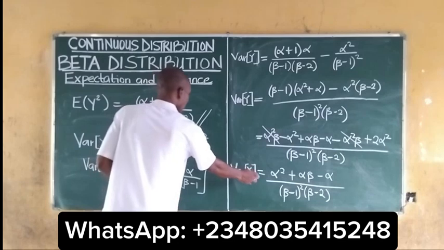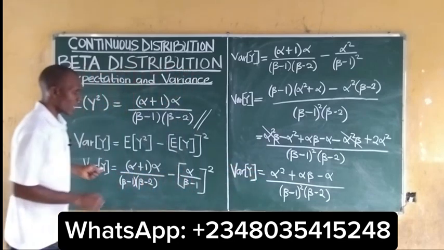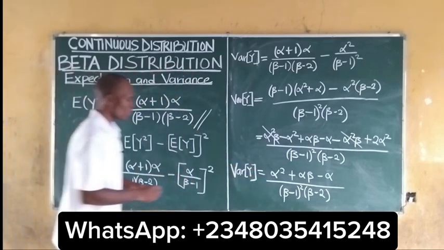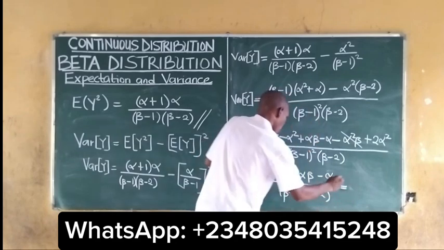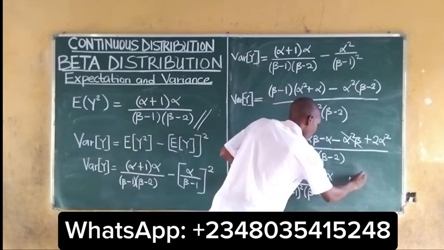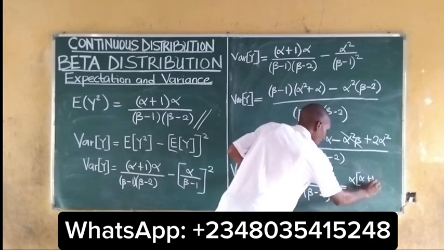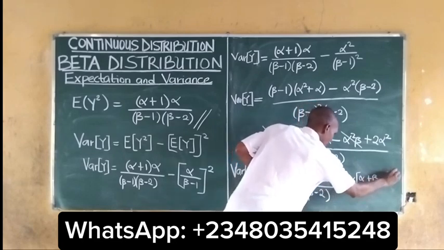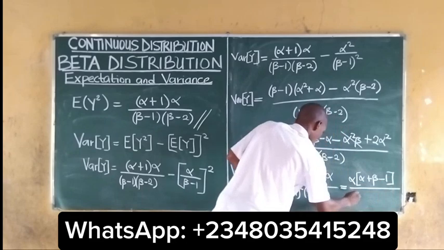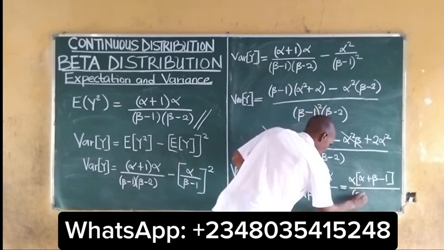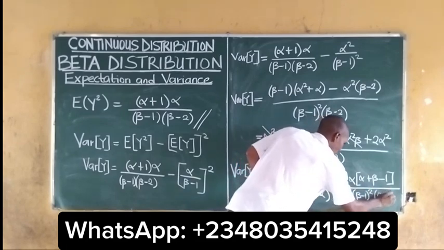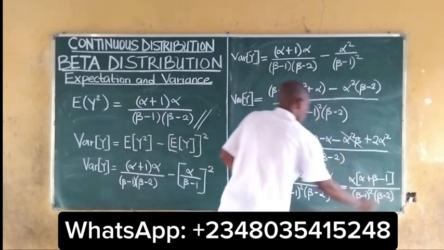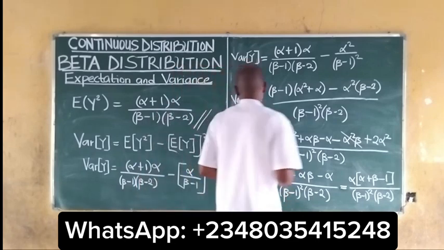For me to open the brackets here, I would not like to tamper with this part. So it will give us alpha into alpha plus beta minus 1 all over beta minus 1 squared, beta minus 2. So this becomes our answer for the variance of y.